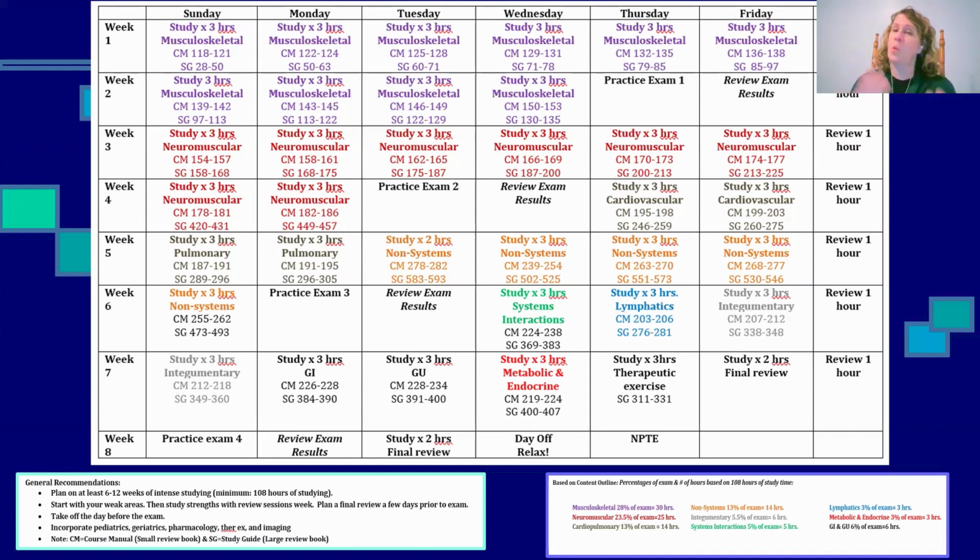You want to read the book once. My suggestion is, as you read the chapter on musculoskeletal, highlight the things that you want somebody to quiz you on. For example, I forgot that the biceps reflex is C5 and C6. I'm going to highlight that, and somebody can quiz me on that.